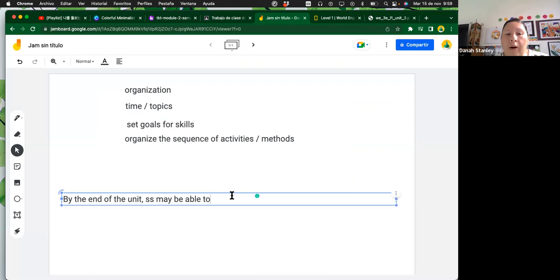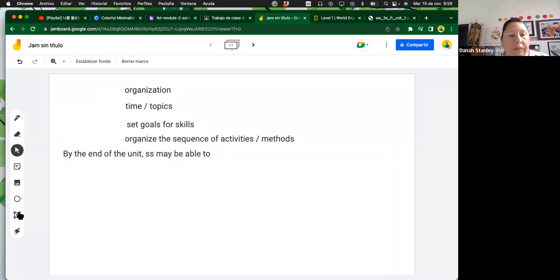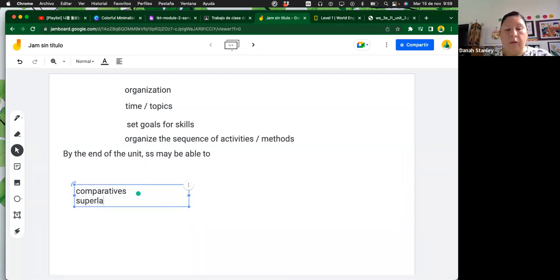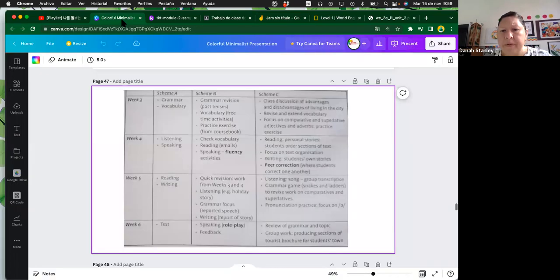Vamos a poner el grammar son comparatives, superlatives, adjectives. Luego vimos que adverbs, adverbs.